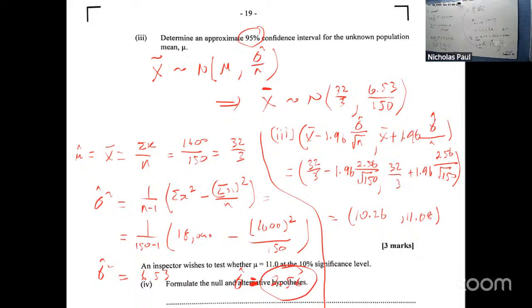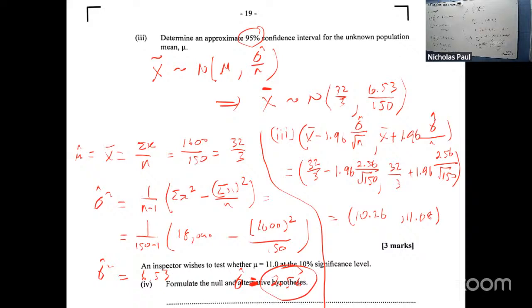Okay, nice. So that's a confidence interval. I'm not sure if I mentioned it last week, but if you have to find the width of the confidence interval, you can subtract those two values. There are also some questions that don't really come like this anymore, but in the older years, they would give you 10.26 and 11.08 and ask you to find n.